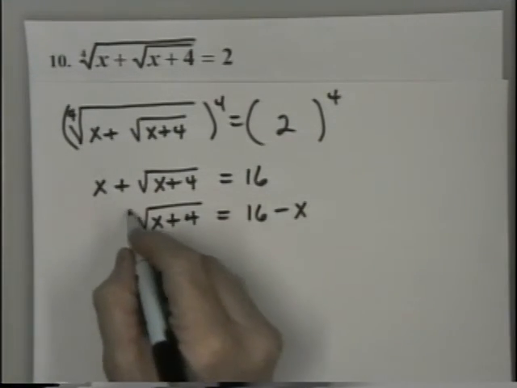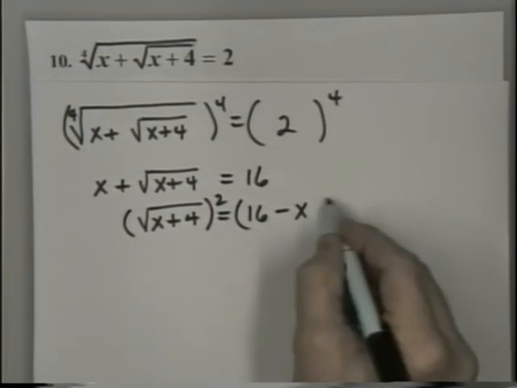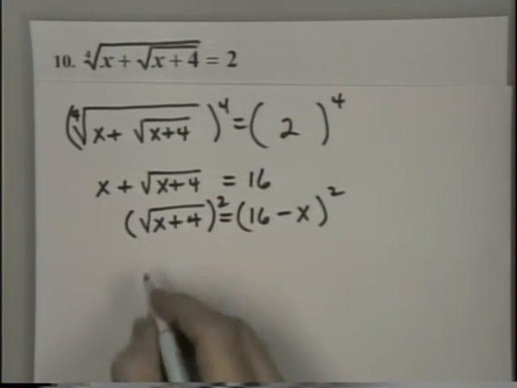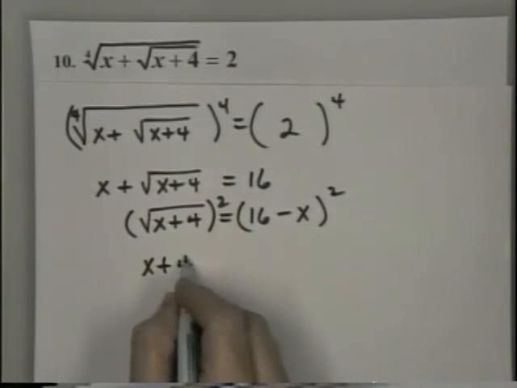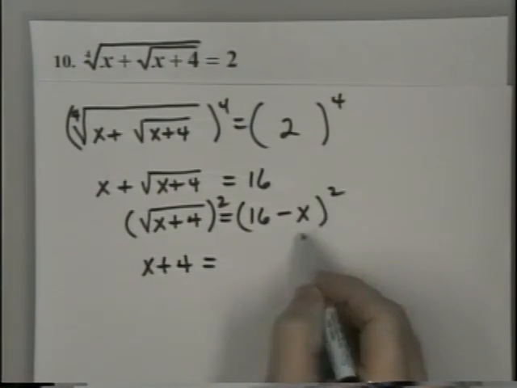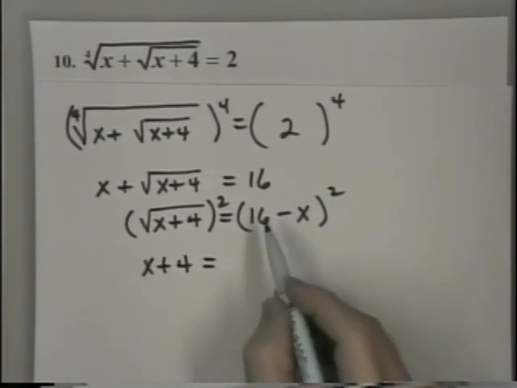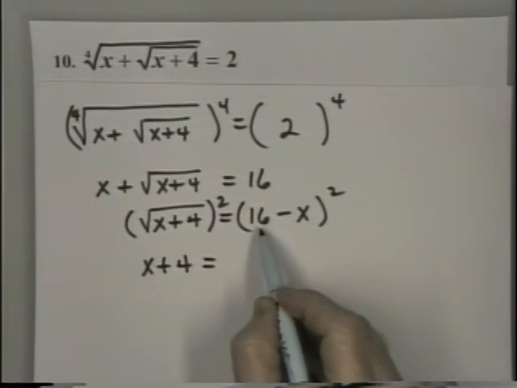And now square both sides. Square the left side, you get what's underneath the radical. Square the right side, you're going to square this difference. So it's the square of the first term.